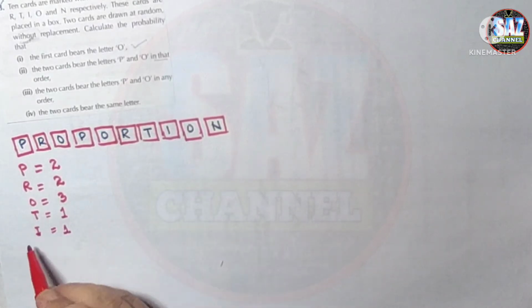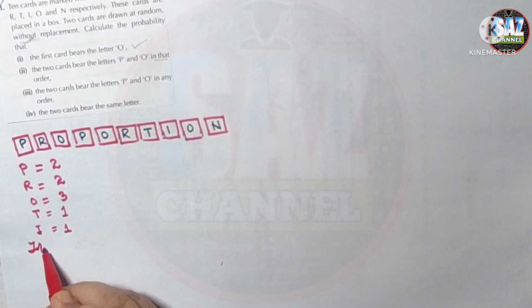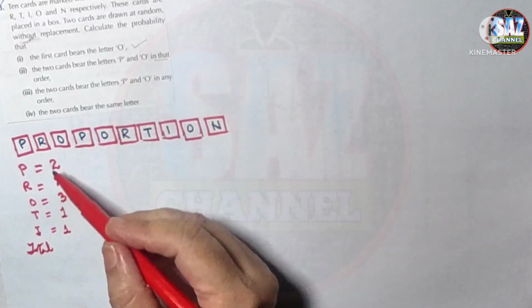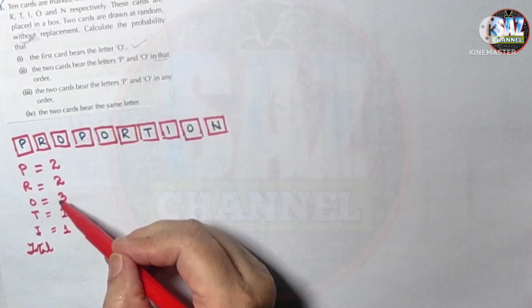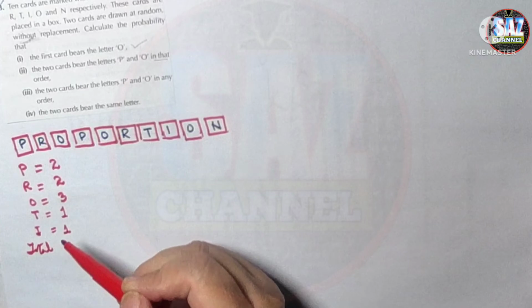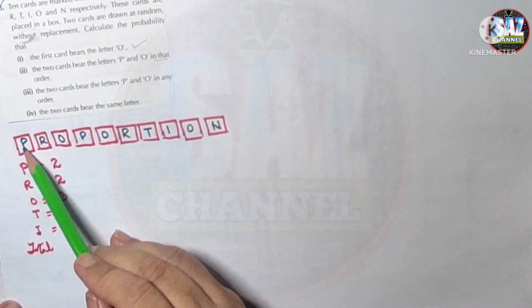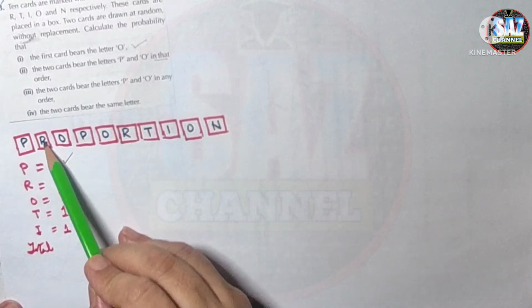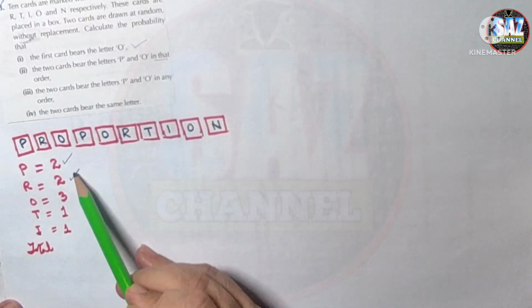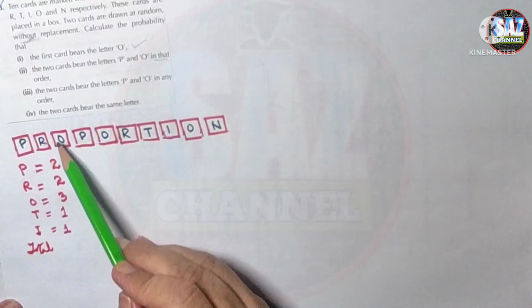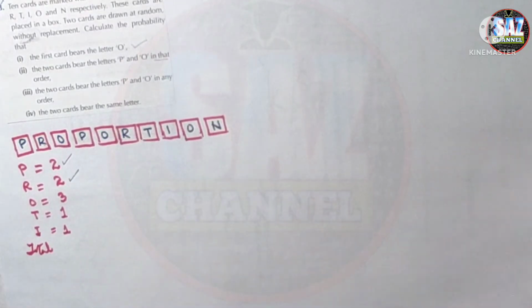Okay, and now total chances. Total 2 plus 2 is 4, plus 3 is 7, 1 is 8 and 1 is 9. Let me reconfirm this. P is coming two times, R two times, then O and N as well.